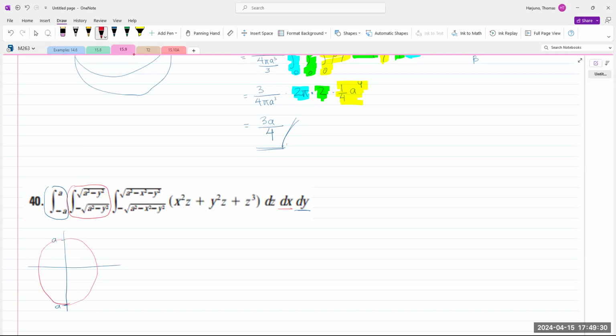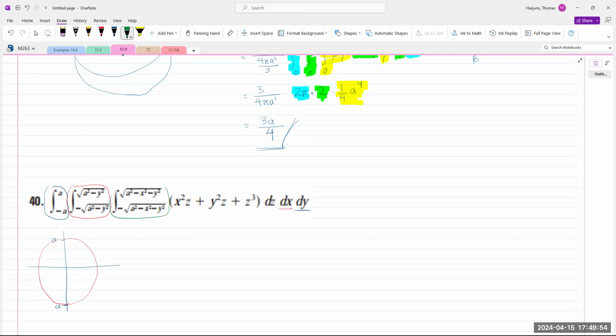Right? So x is between negative square root of a squared minus y squared to square root of a squared minus y squared. Okay. And then how about this part here?